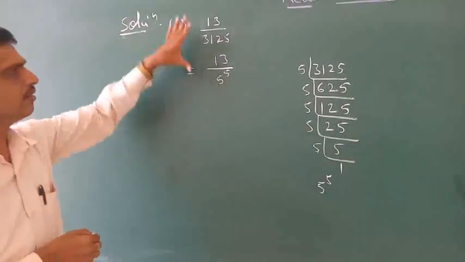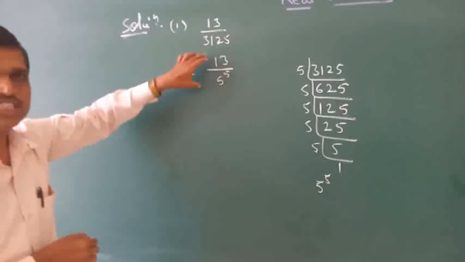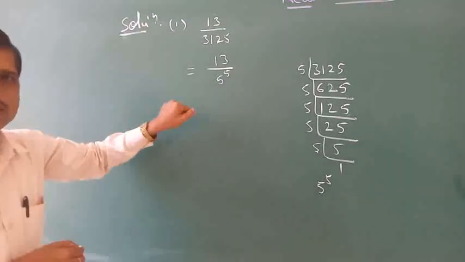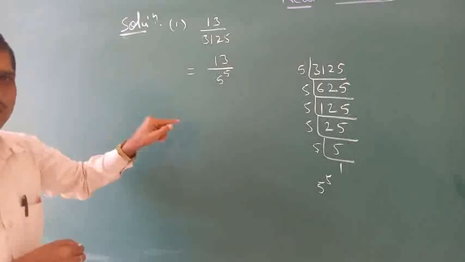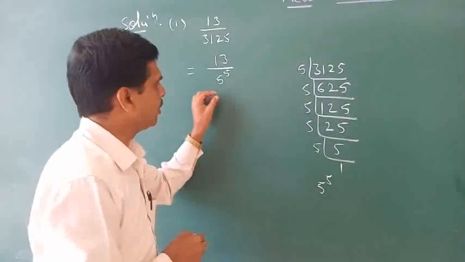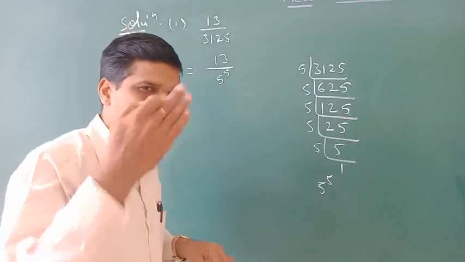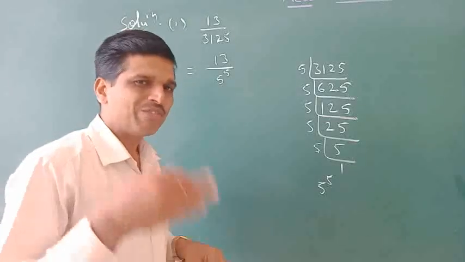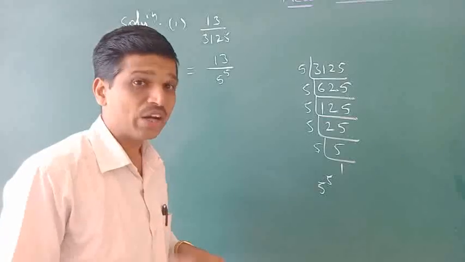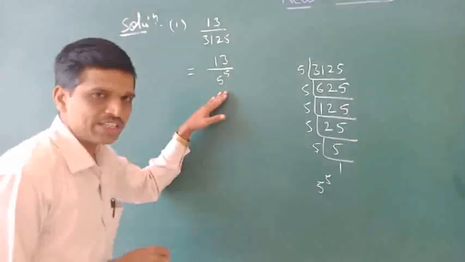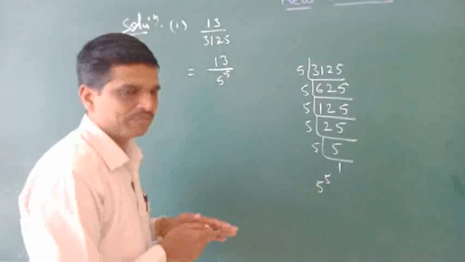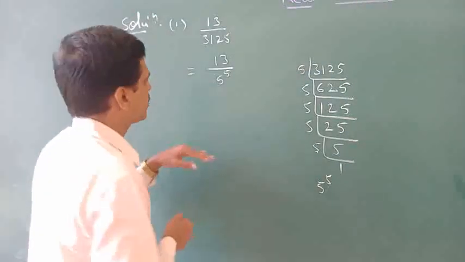Now consider that a given rational number is of the form p by q, where q is an integer and q is not equal to 0. Then q is of the form 2 to the power of n or 5 to the power of m, where n and m are non-negative integers. That is based on theorems 1.6 and 1.5.